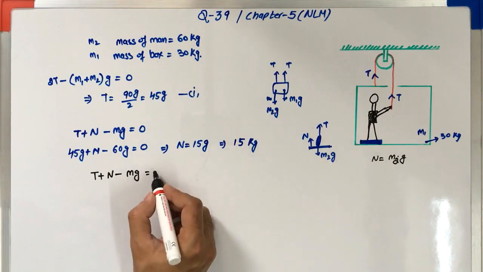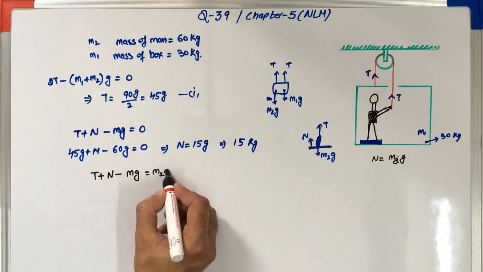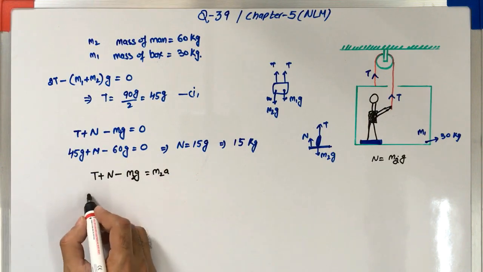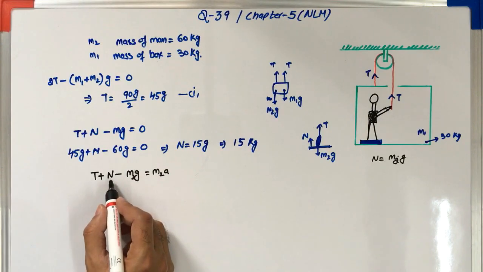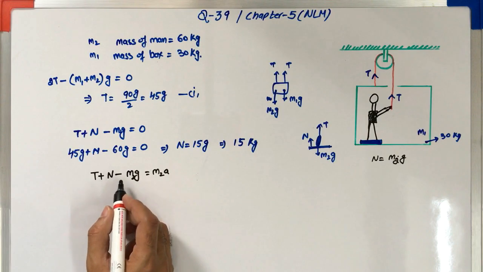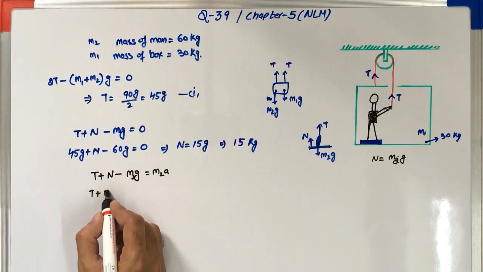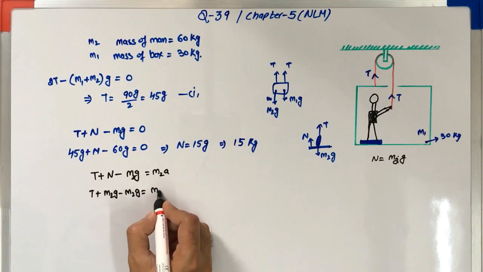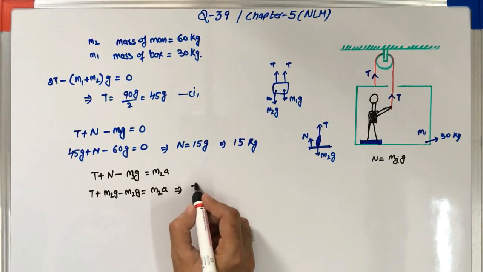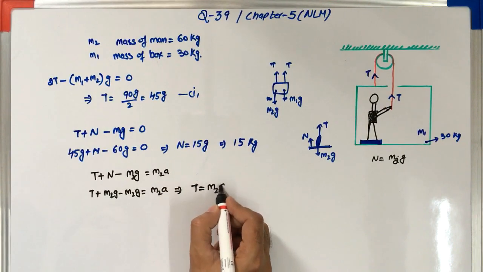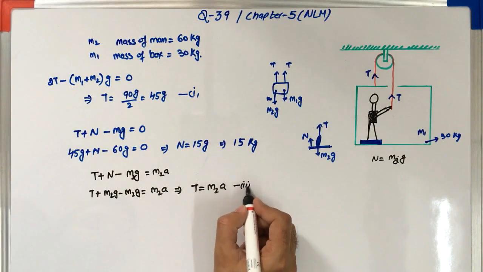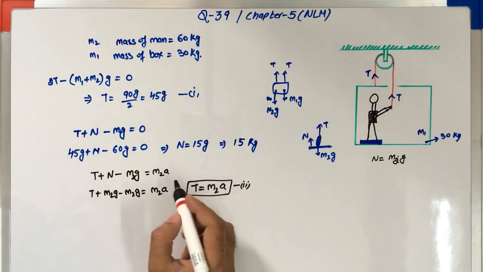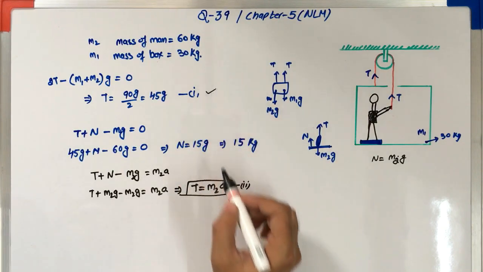Now N is equal to m2g, so T plus m2g minus m2g is equal to m2a, which means T must be equal to m2a. Say this is equation 2.